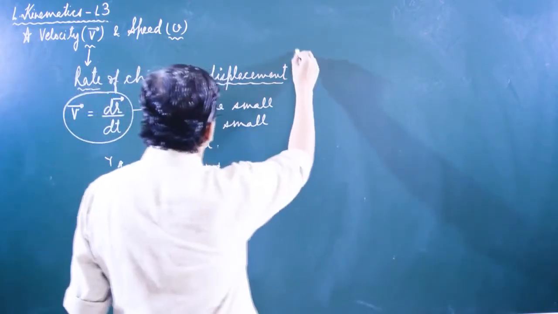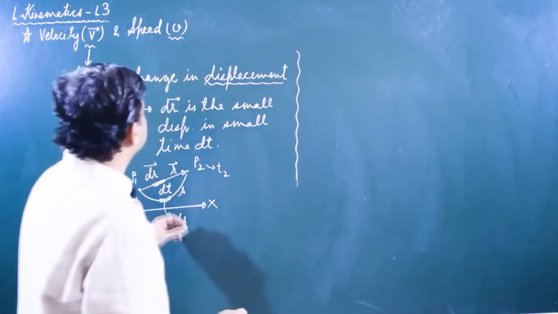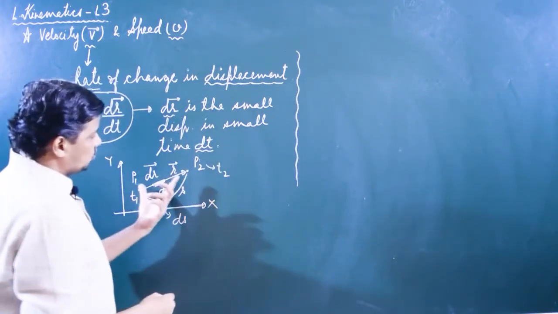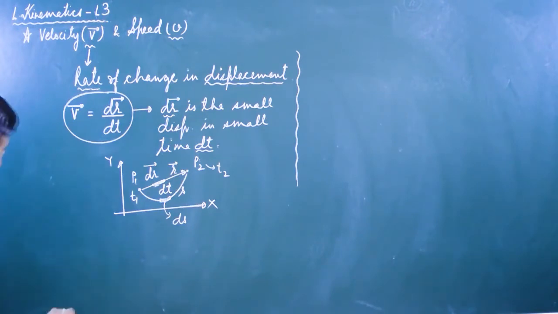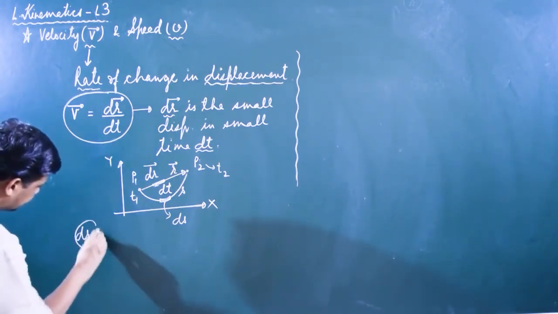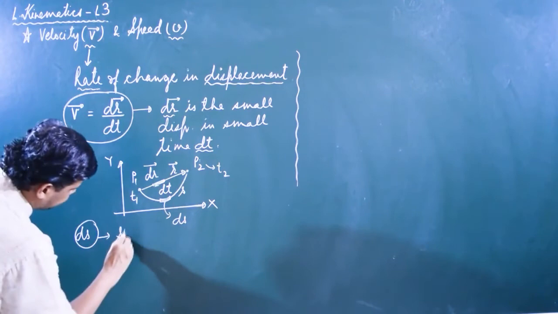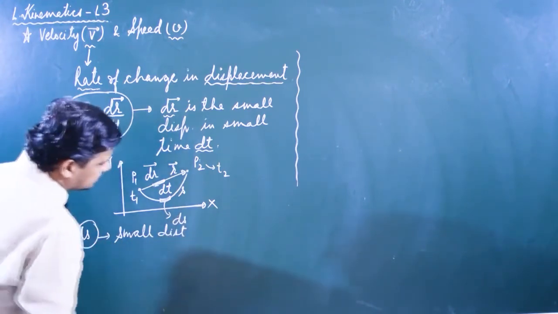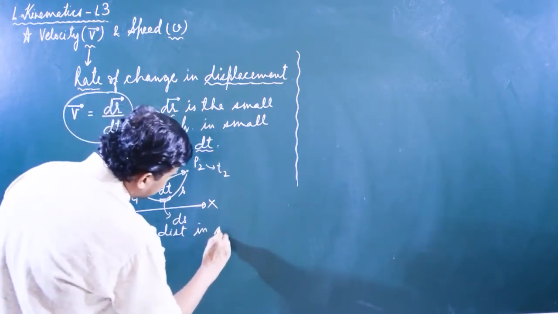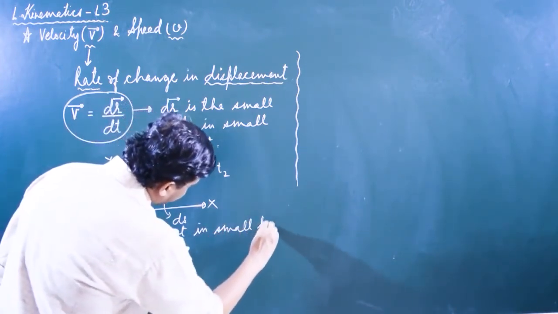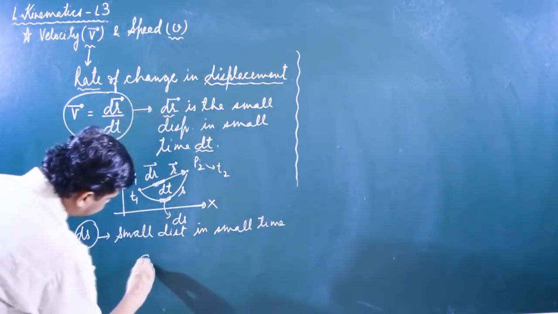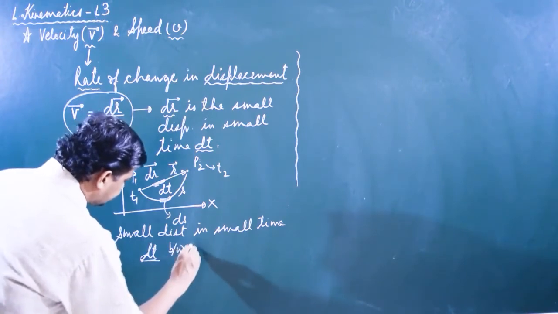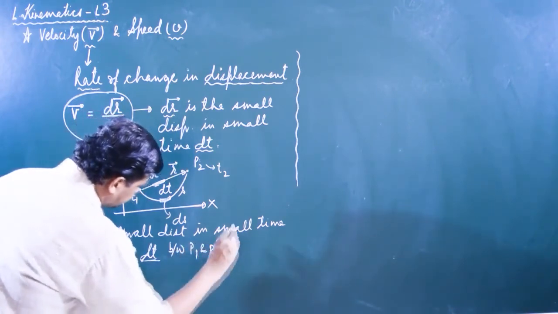Similarly, ds is the small distance in small time dt, between p1 and p2.